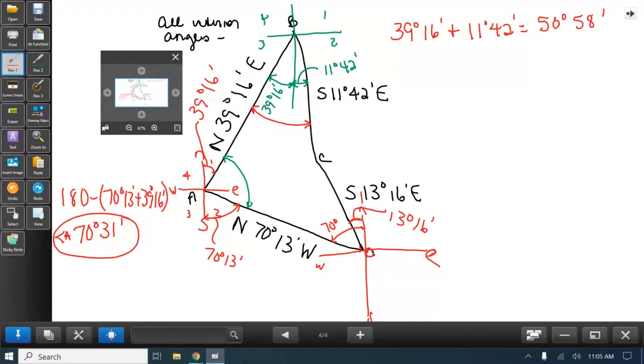So that's the 70 degrees 13. So if I want to find the angle between the two lines, I just take the bigger minus the smaller. So if they're in the same quadrant and you're looking for the angle, you just take the bigger minus the smaller. And I had 56.